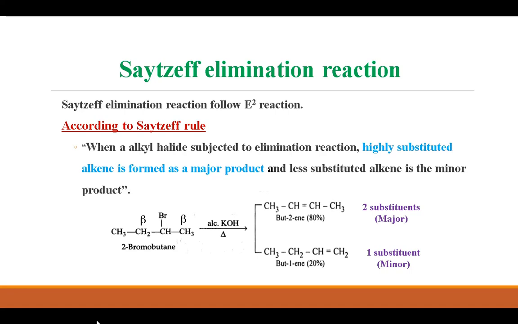If you observe the first product, that is but-2-ene, it contains two substituents, that means 2 CH3 groups. Whereas but-1-ene contains one substituent, 1 CH3 group. So according to Zaitsev rule, the more highly substituted alkene is the major product. In this reaction, but-2-ene is the major product, having more substitution.